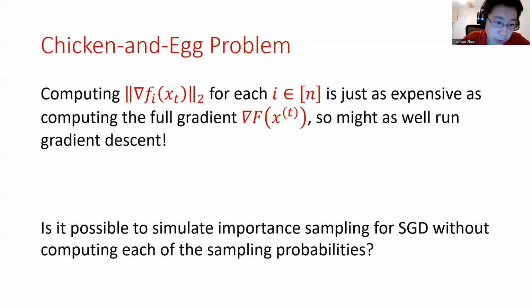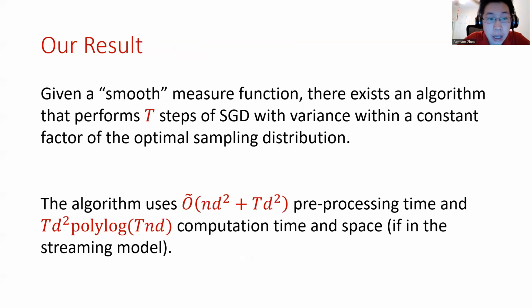So a natural question is whether it's possible to simulate importance sampling for SGD without computing each of the sampling probabilities. In this work, we say yes, you can. Given a smooth measure function, for some definition of smooth, there exists an algorithm that performs t steps of SGD with variance within a constant factor of the optimal sampling probability distribution.